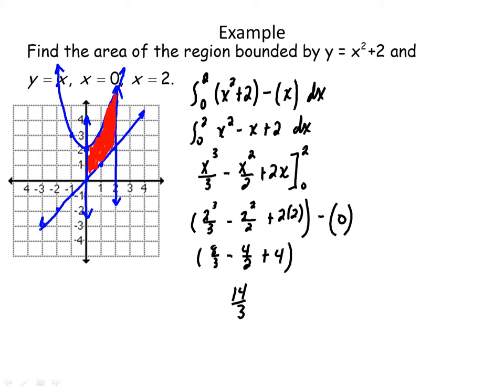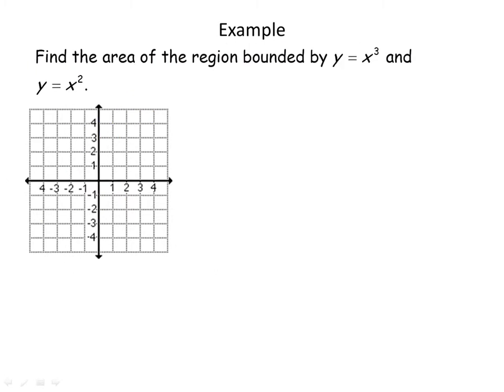So if you're finding area, you are going to have square units, and we are talking about 2 dimensionals, because tonight we're going to talk about 3 dimensionals also. So it is 14/3, and of course it would be units squared if we had a real world problem up here.